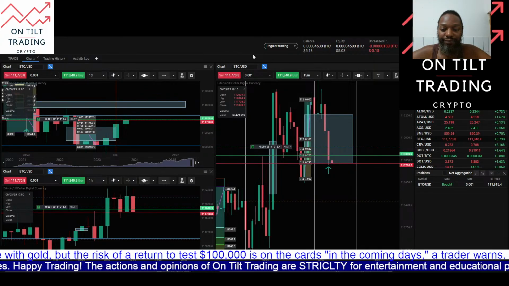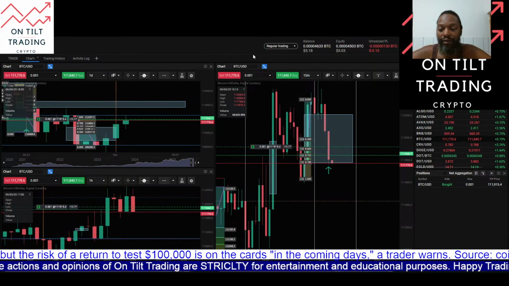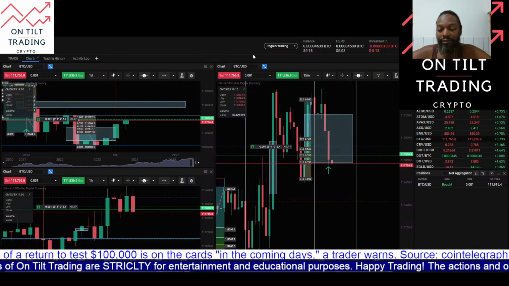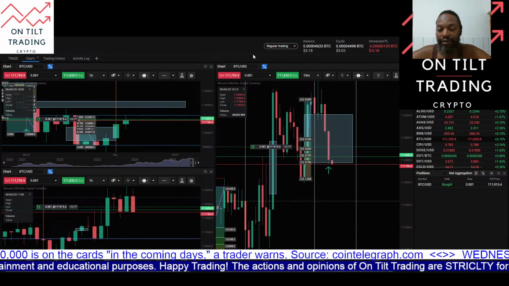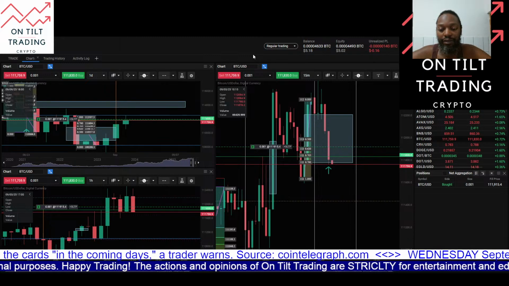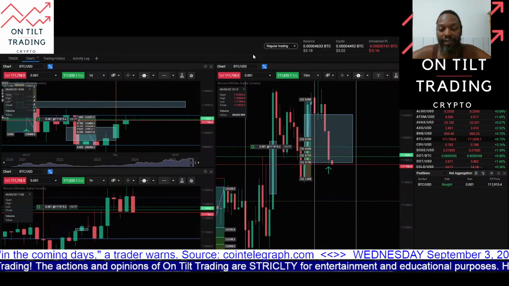Consolidating more. Price is considering buy-side delivery, but there's been no commitment yet. Still getting sell-side delivery on this candle.